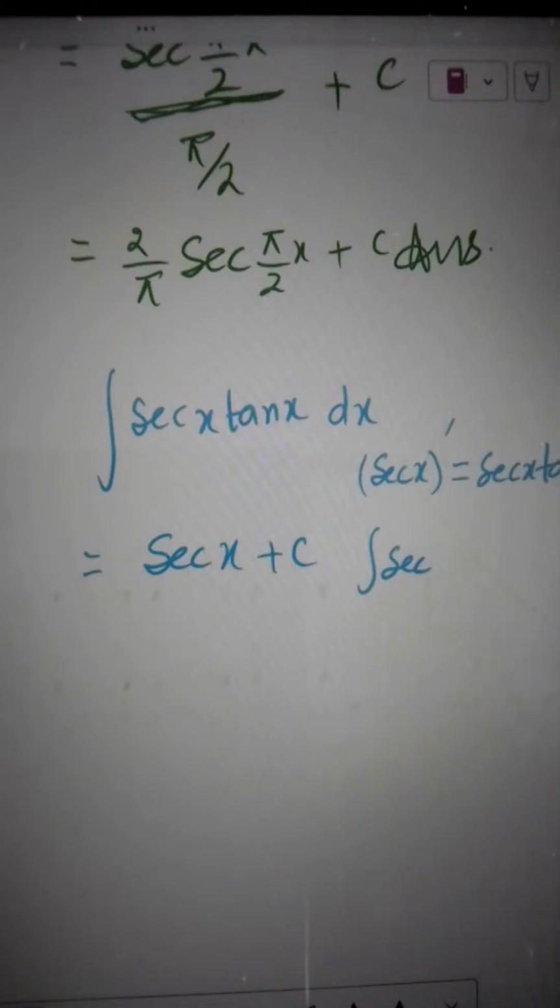And now we have the function secant x tan x, and the integral operator converts that into secant. So these two, differentiation and integration, are reverse operations of each other.